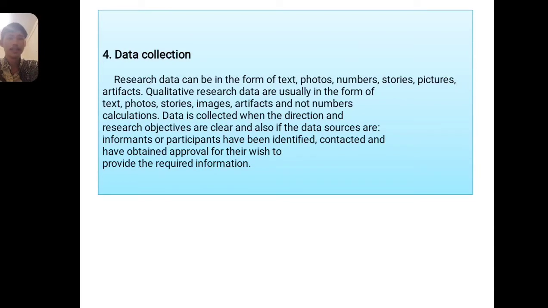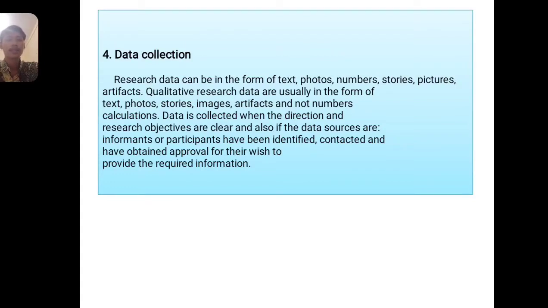The next step is data collection. Research data can be in the form of text, photos, numbers, stories, pictures, or artifacts. Qualitative research data are usually in the form of text, photos, stories, images, and number calculations.